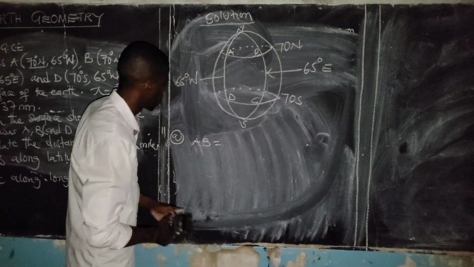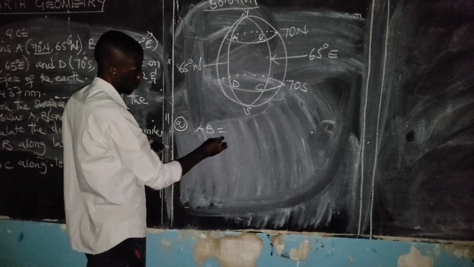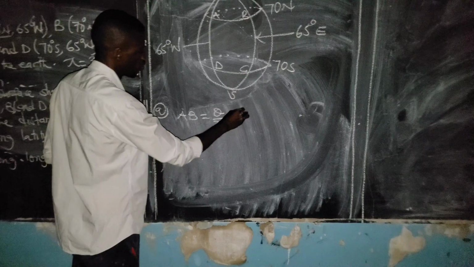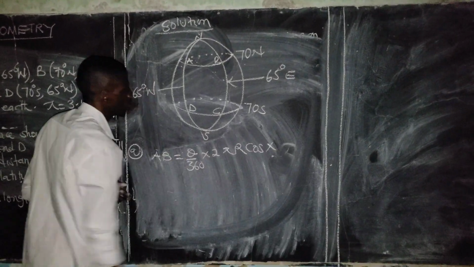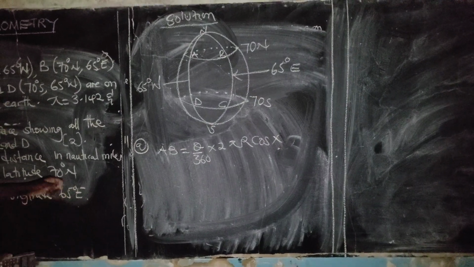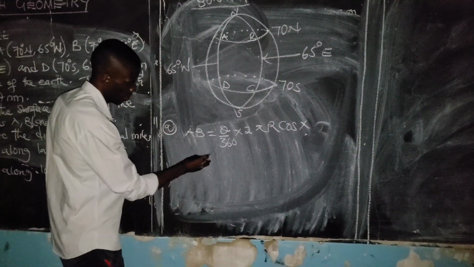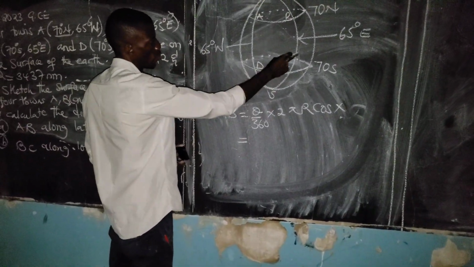So AB is equals to theta over 360 times 2 pi r cos x. Why cos x? It's because it is in a small circle. So we are going to say our theta is the difference in latitudes.